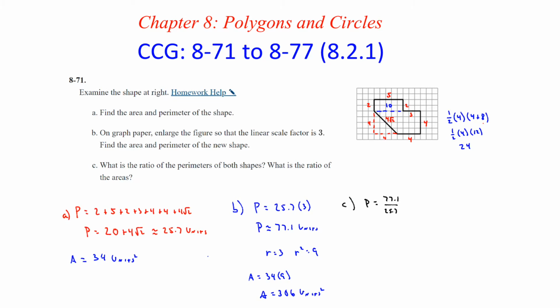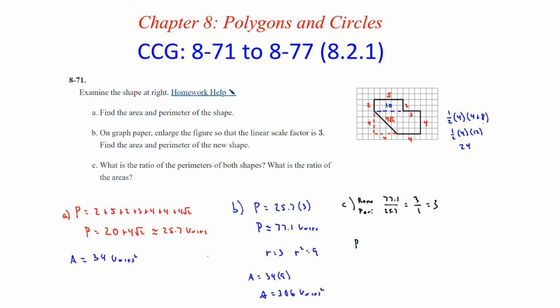Now, if you actually went and redrew it and recalculated everything, in terms of that scale factor, that ratio will still be 3. So this is 3 over 1, or 3. And I shouldn't put perimeter is equal to, it's the ratio of the perimeters. And then for the ratio of the areas, let's go ahead and make sure I write this. So this is the ratio of the perimeters.